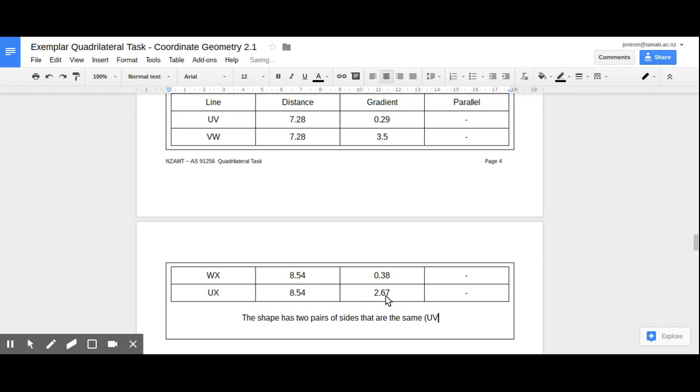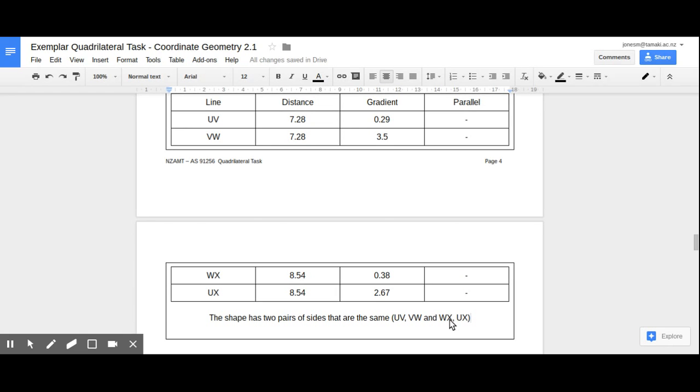So that's UV and VW, and the other pair is WX and UX.